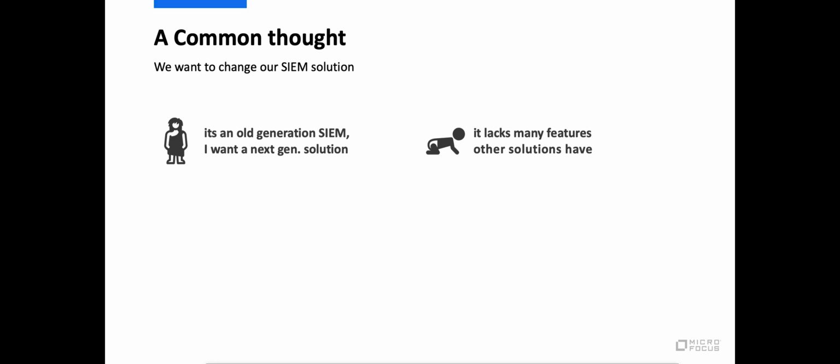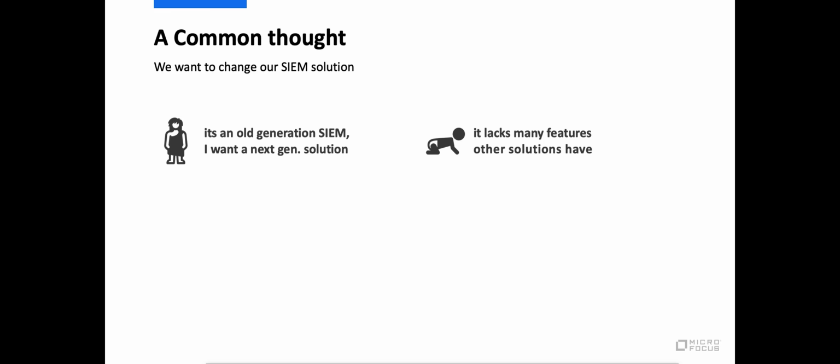And one of the most common reasons is when they say that what they have is currently an old generation SIM and they're looking towards a next generation solution. This is justified by them believing that it lacks many features that other solutions have.